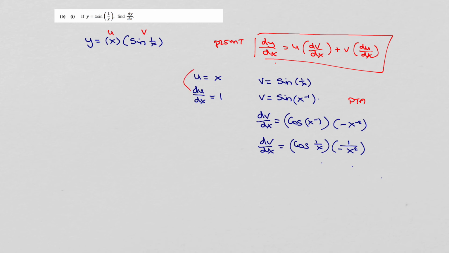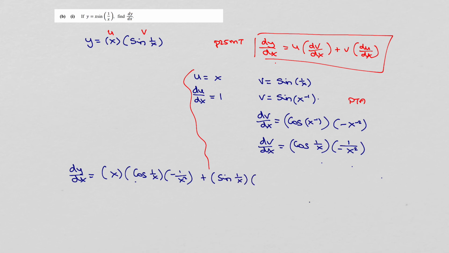So now if I sub that back into my product rule, I have dy dx is equal to u, which we've said is x, times dv dx, which is cos of 1 over x, times minus 1 over x squared. And then that's plus v, which is sine of 1 over x, times du dx, which is, of course, 1.